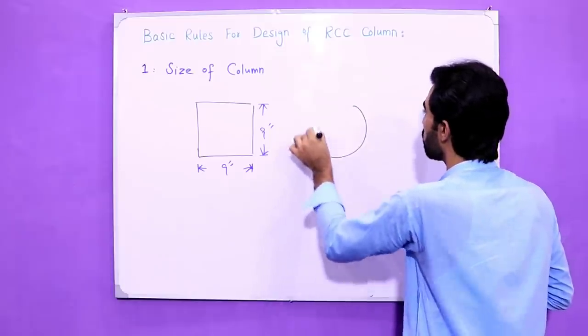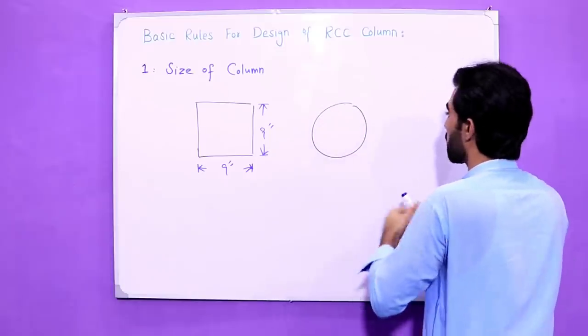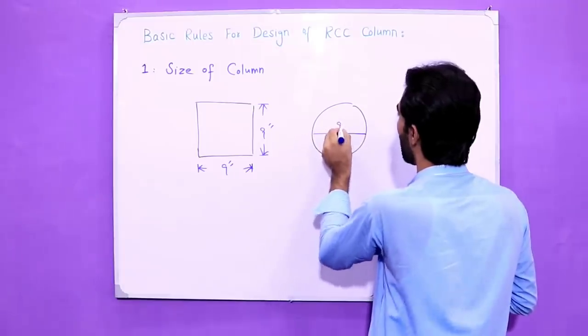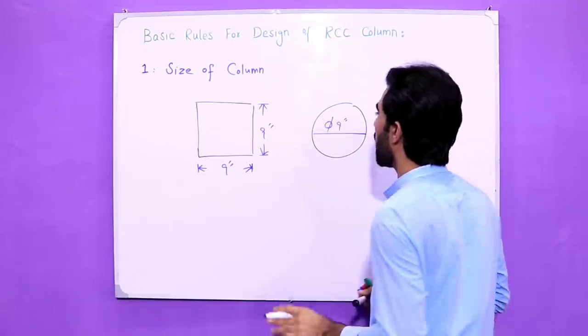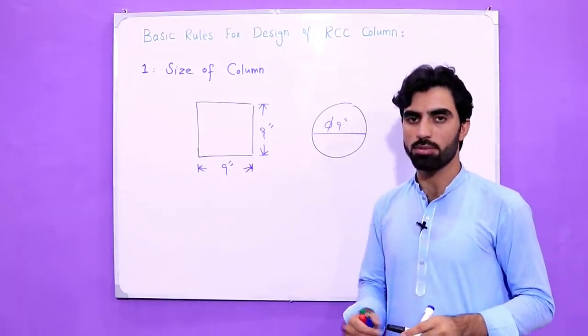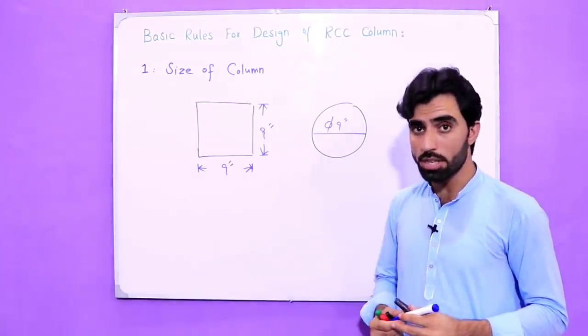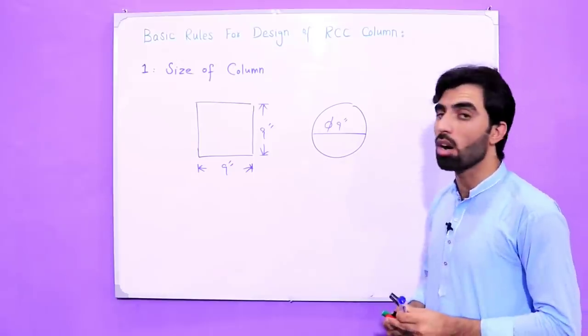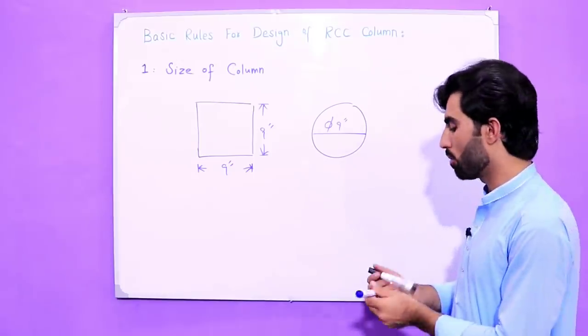If it is a circular column, the diameter should not be less than 9 inches. Use minimum 9 by 9 inches size of the column. So this is the rule for size of column.